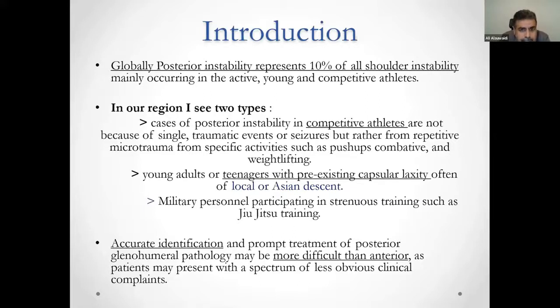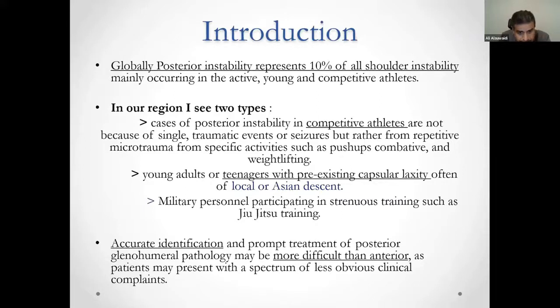Another thing I've noticed is that most of the people that present are sometimes teenagers, and I have a population of teenagers, most likely because of pre-existing capsular laxity. Mainly in our region, our indigenous population, and maybe the Asian population, I see a lot of capsular laxity in those patients, and sometimes with a trivial injury like a simple fall, they present with pain and sometimes subluxation.